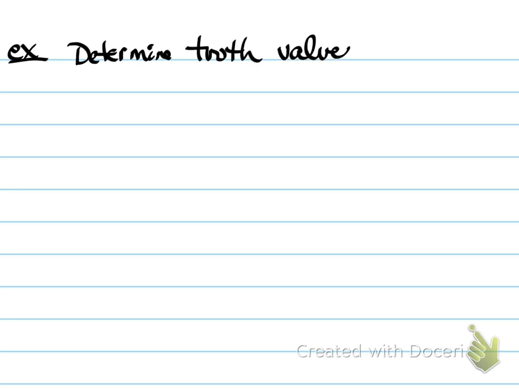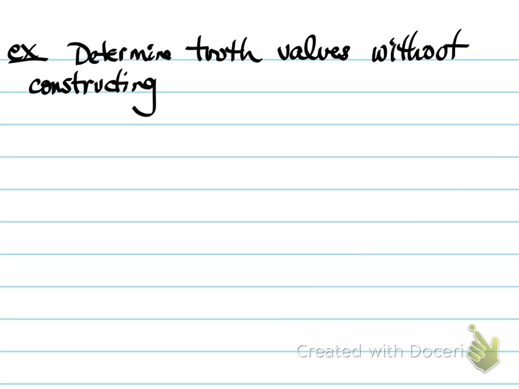What if we had a statement P, let's say, example: determine truth values without constructing a truth table. And we will get to do some of these on the test because you're going to love these.